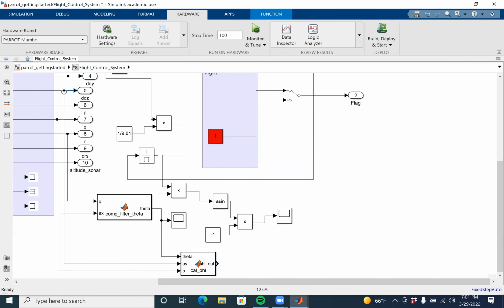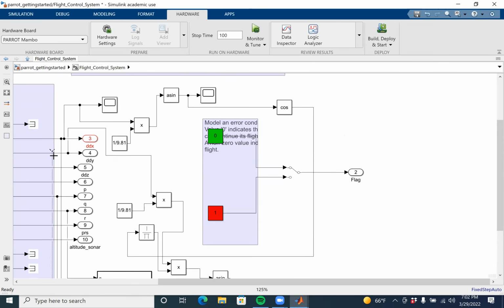Oh, yeah, you're right. So that is not correct. AY should be connected to DDY. The other one is connected to R.